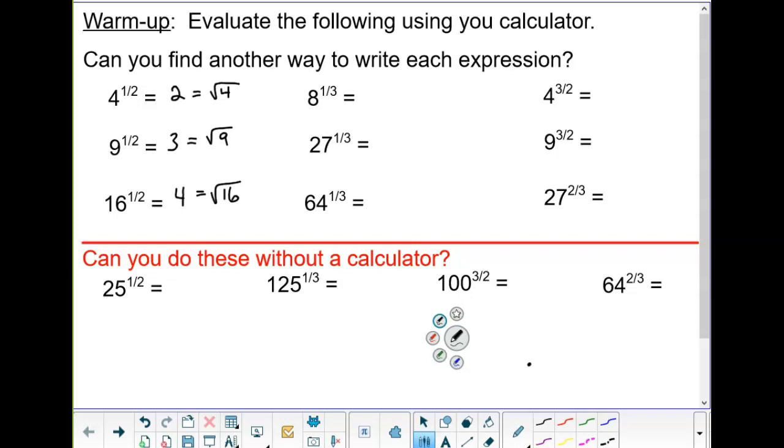All right? And hopefully along the same lines, when you did 8 to the 1/3, you got 2. When I did 27 to the 1/3, I got 3. And 64 to the 1/3 is 4. So what is that the same as? What else could I do to 8 to turn 8 into a 2?